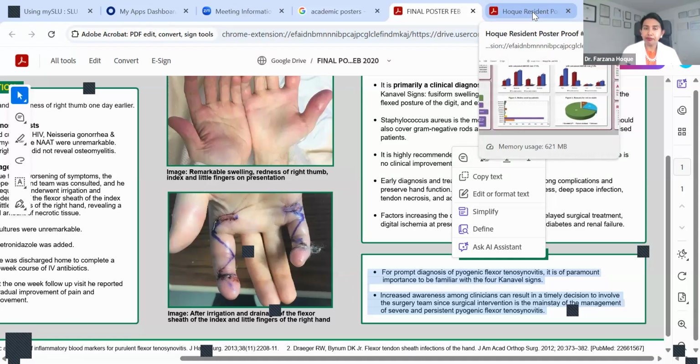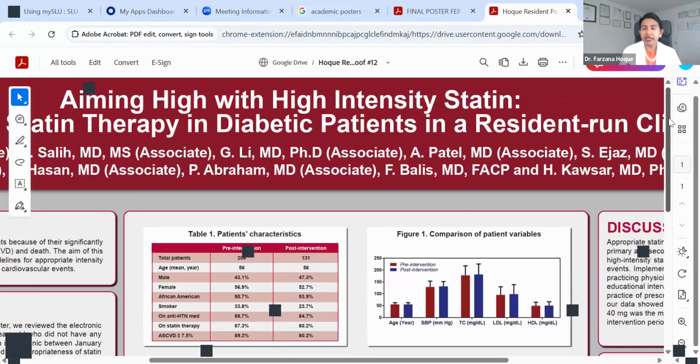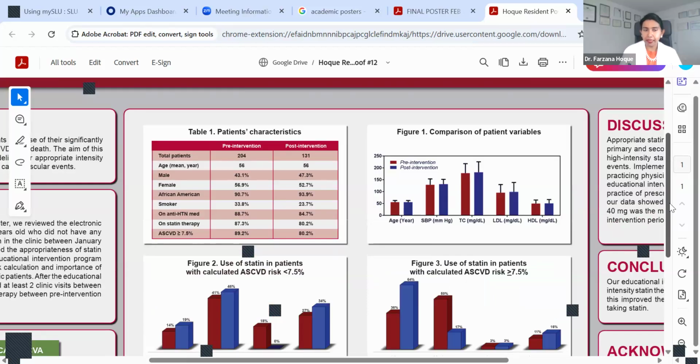Let's now focus on another poster that I created with my team that also achieved the national award. As you can see here, again we focused on keeping the title catchy as well as short as much as possible.